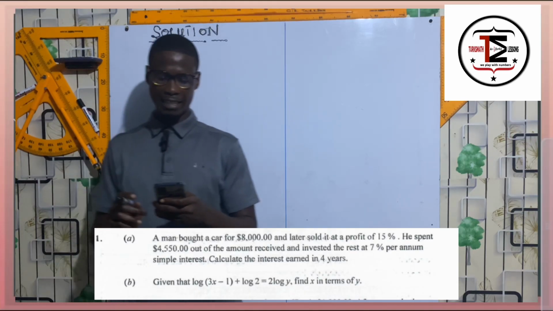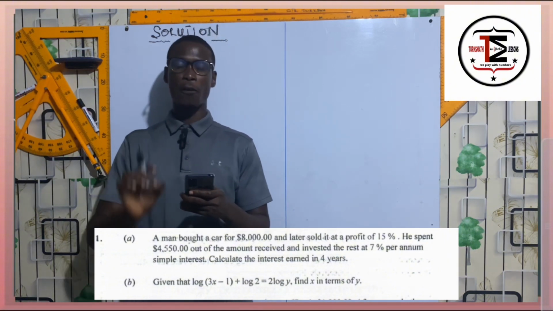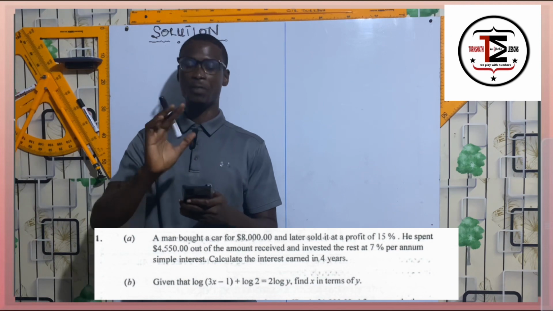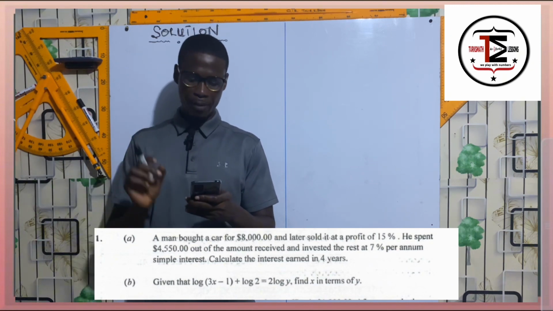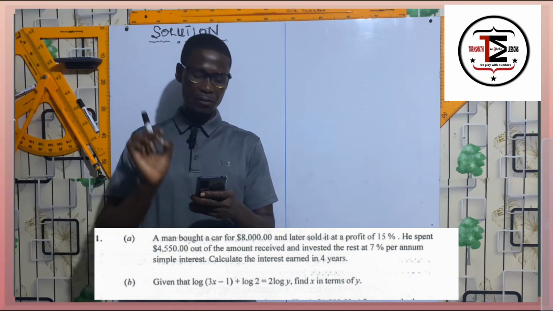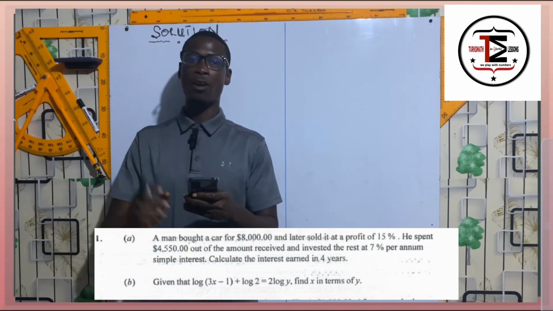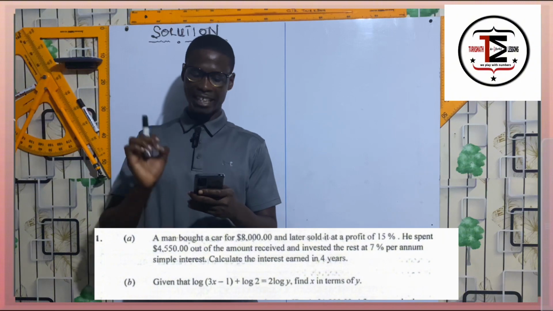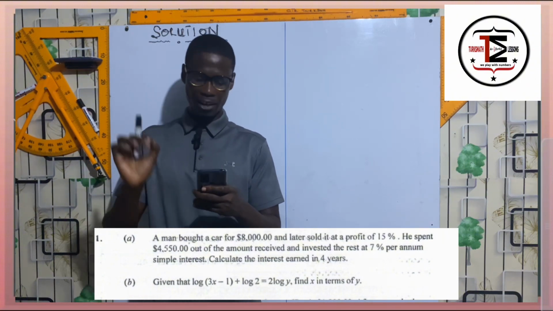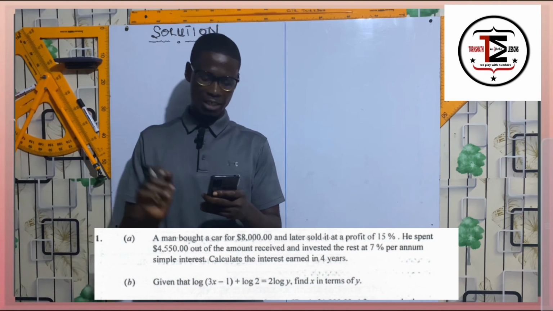Study the question on the slide carefully. The question says that a man bought a car for $8,000 and later sold it at a profit of 15%. He spent $4,550 out of the amount received and invested the rest at 7% per annum simple interest.